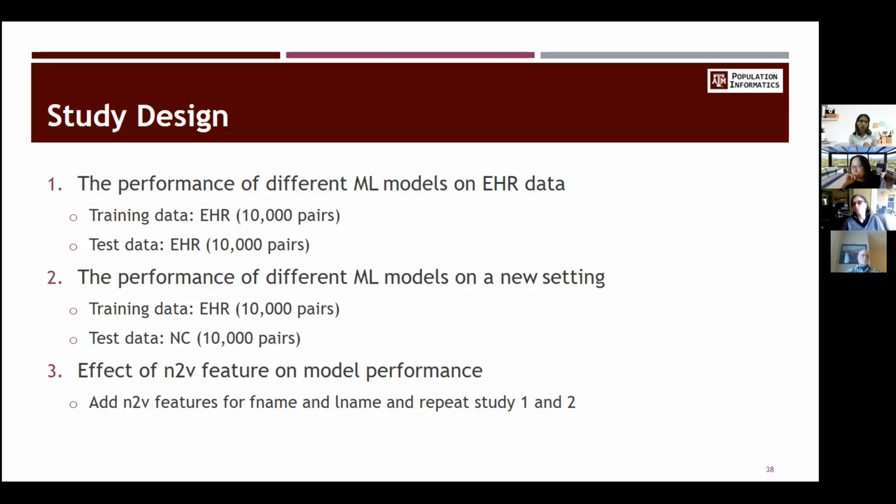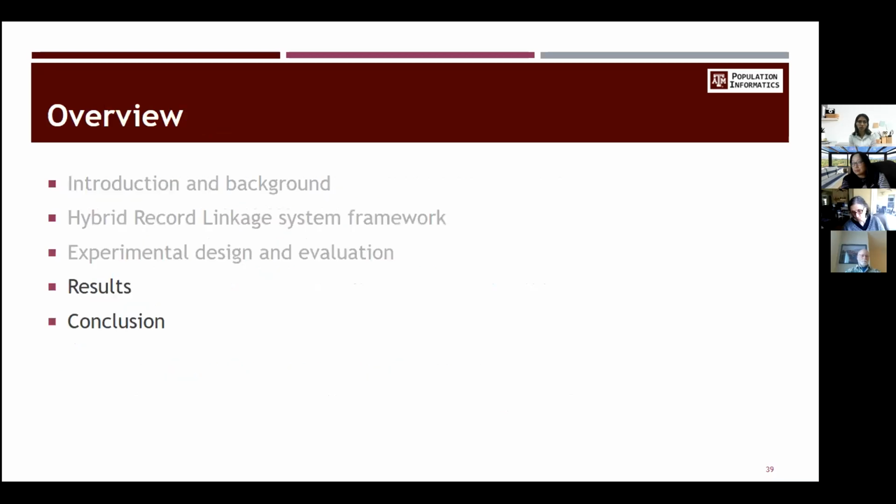For this, we use the trained model that we got from the first experiment and test that on the North Carolina dataset. And the last experiment is the effect of the name-to-vec feature on model performance. So we add the name-to-vec feature for first name and last name and repeat experiments 1 and 2 with these features.